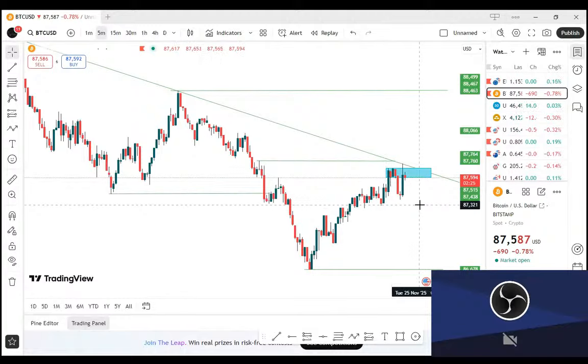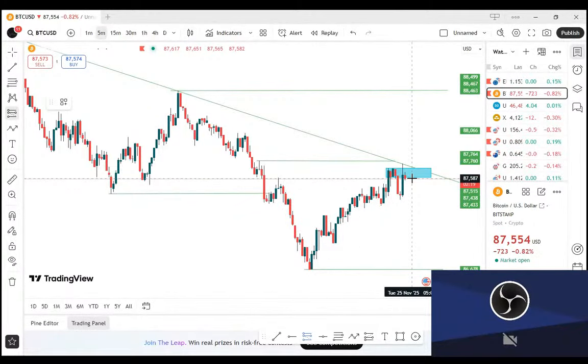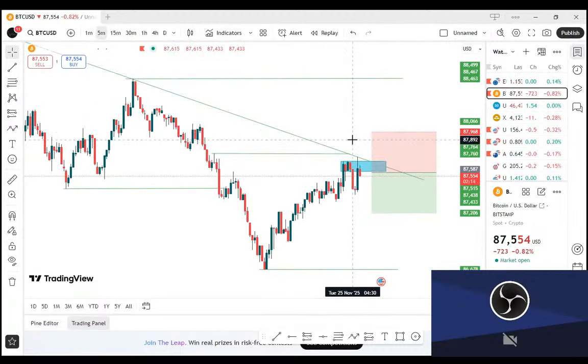So be very patient. If we should take the trade here, if this is a bearish candlestick, I'm going to set up a stop loss.